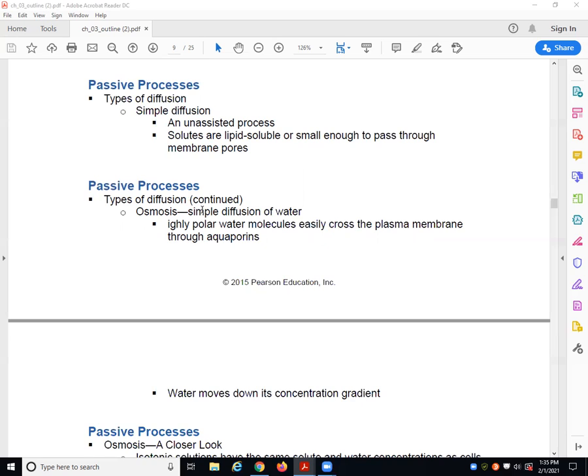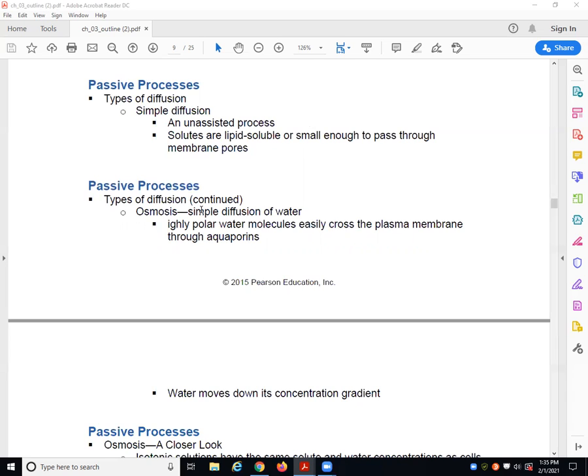Then there is osmosis. Osmosis means you have simple diffusion of water. So anytime you see water involved, if water is the one diffusing, it's osmosis. Osmosis is the diffusion of water.